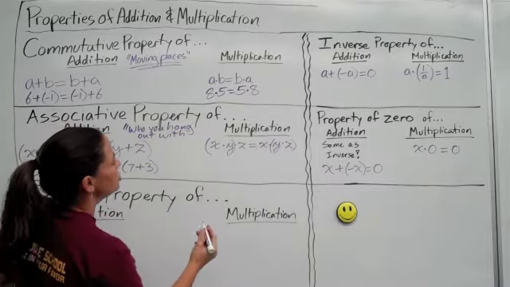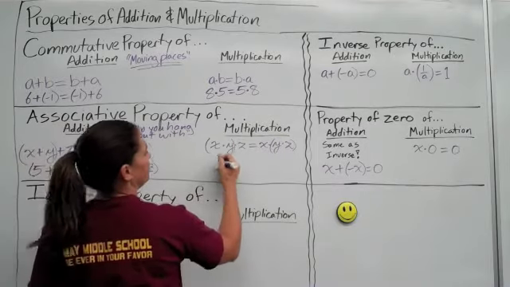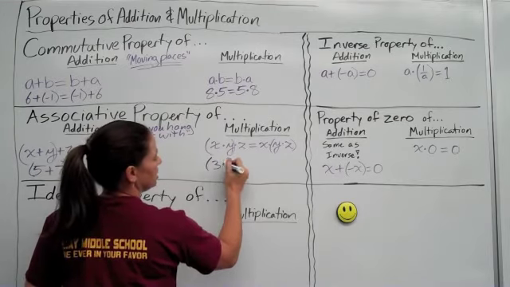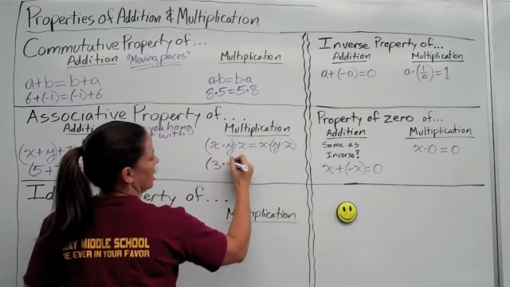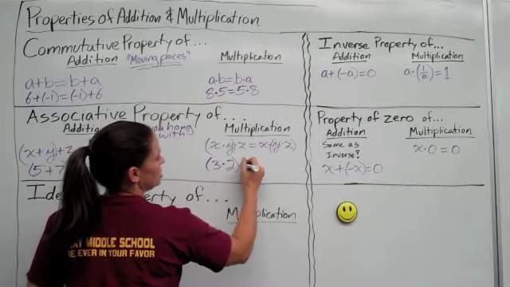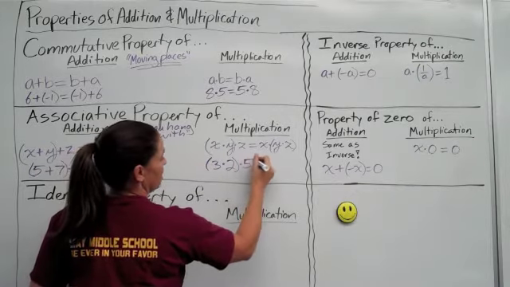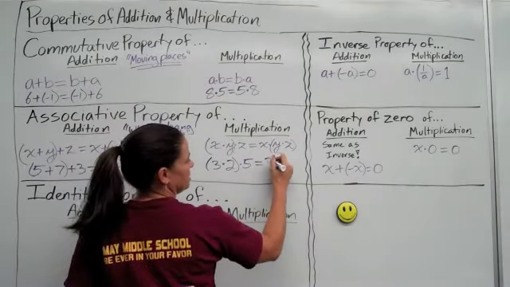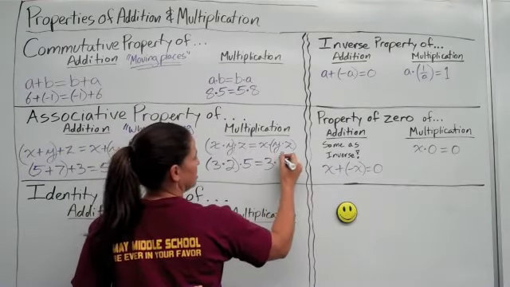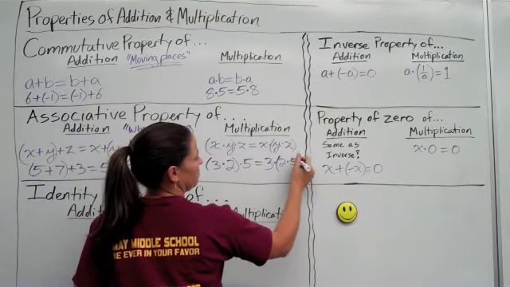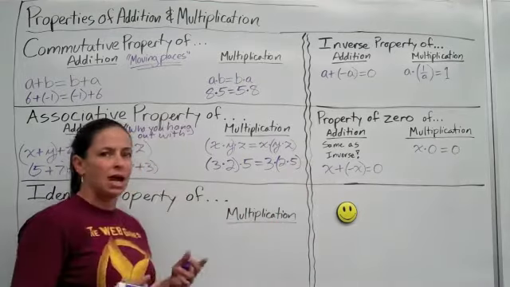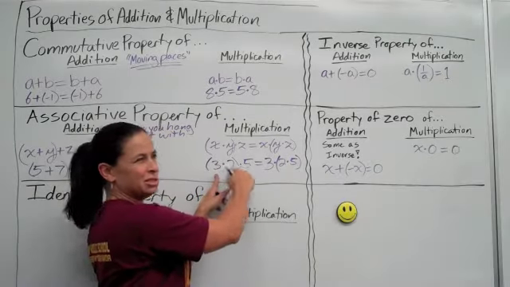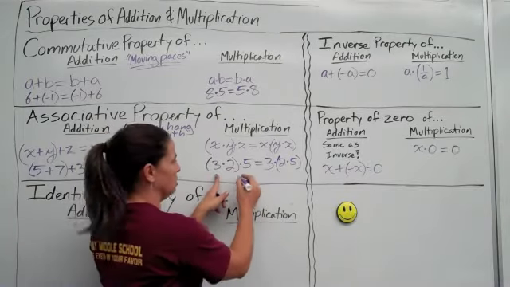So if we were to try this with, I don't know, let's do 3 times 2 times 5, and I wanted to change the grouping, I'm going to keep the same order, 3 times 2 times 5. Again, I changed the grouping for the same reason, because 3 times 2 is 6 and 6 times 5 is 30, right?